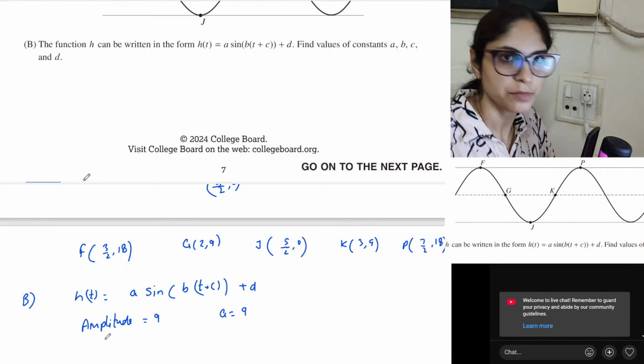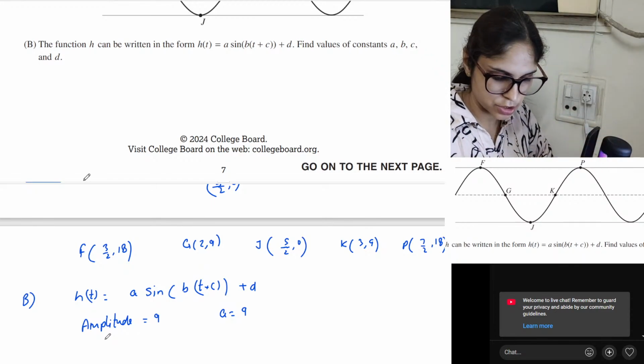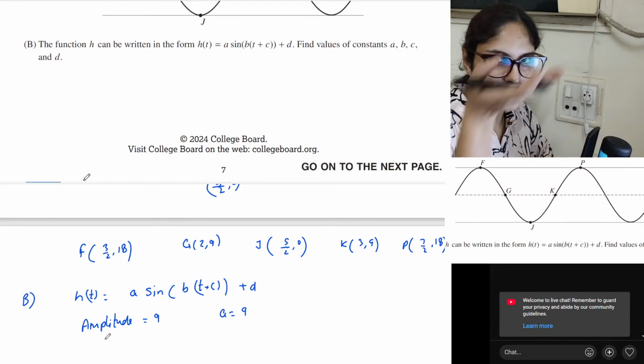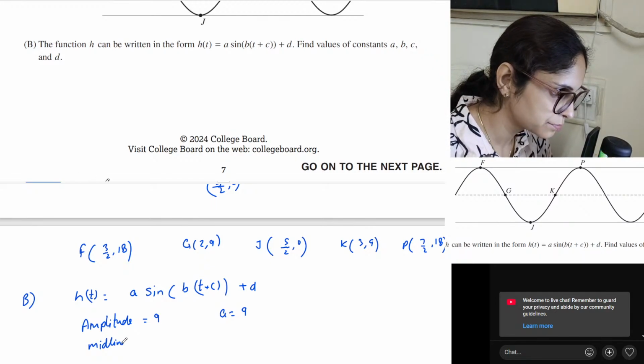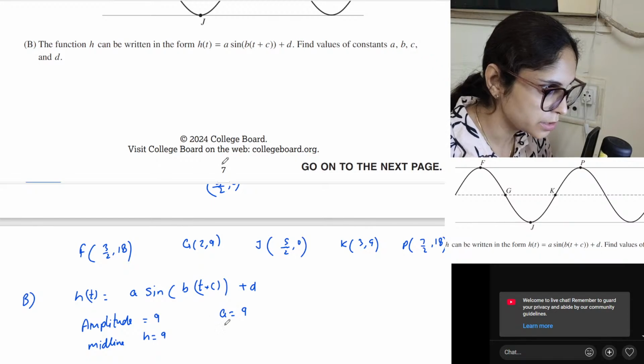Now the midline is y equal to 9, because h is equal to 0, h is equal to 9, and h is equal to 18. So the midline is h is equal to 9. So the value of d is also 9.